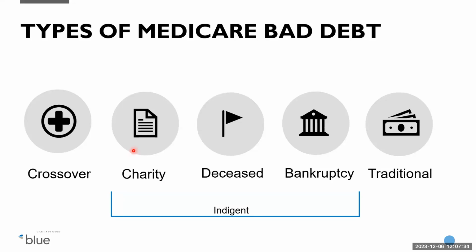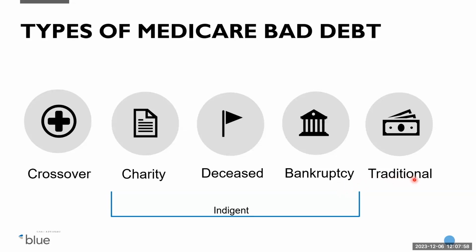You guys approve that and deem them indigent. You've got your deceased patients, so specifically the ones that do not have an estate, so you know you're not going to get paid. And you've got your bankruptcy. These are going to be patients that file for bankruptcy, and then once they are discharged from their debt, you can claim it as Medicare bad debt.